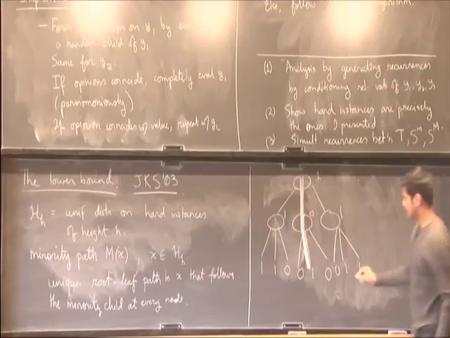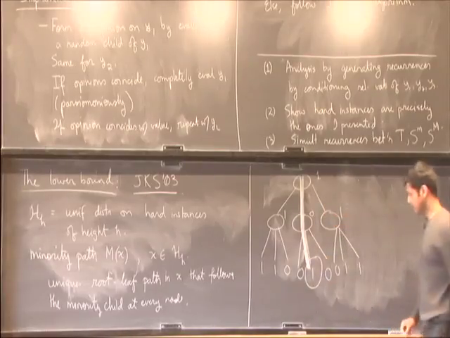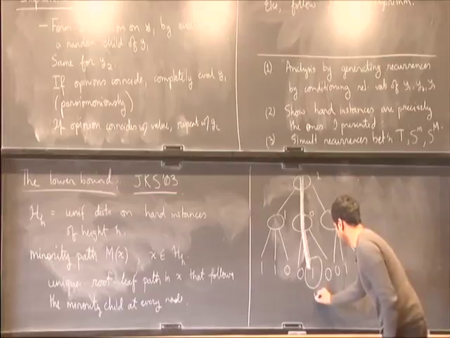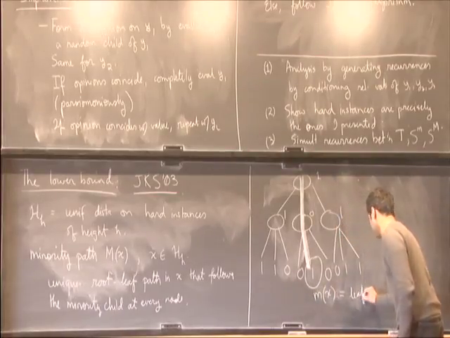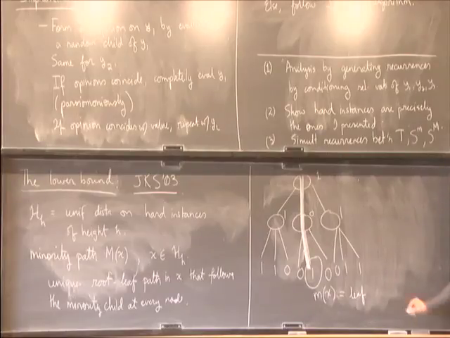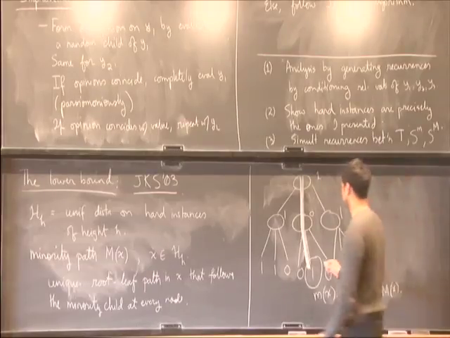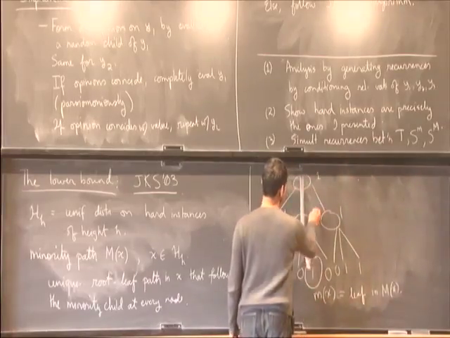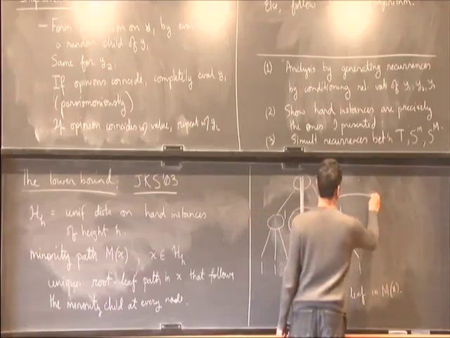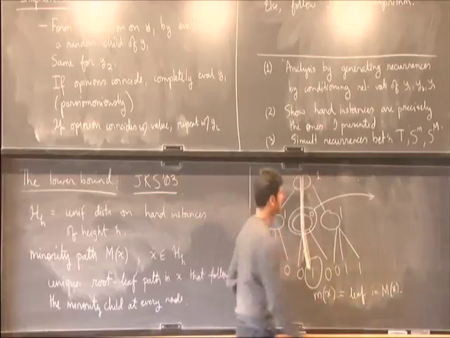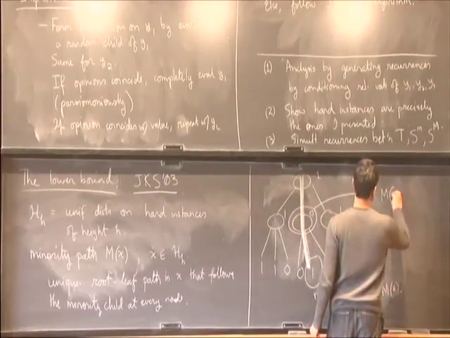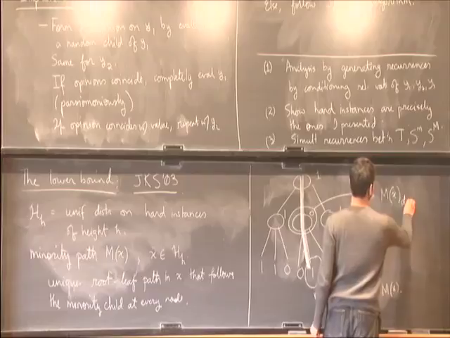The leaf at the end of this minority path I shall denote by little m of x. And then I shall give another name to nodes in the middle. The node in the middle at depth, let's say d, I shall denote by m of x sub d.